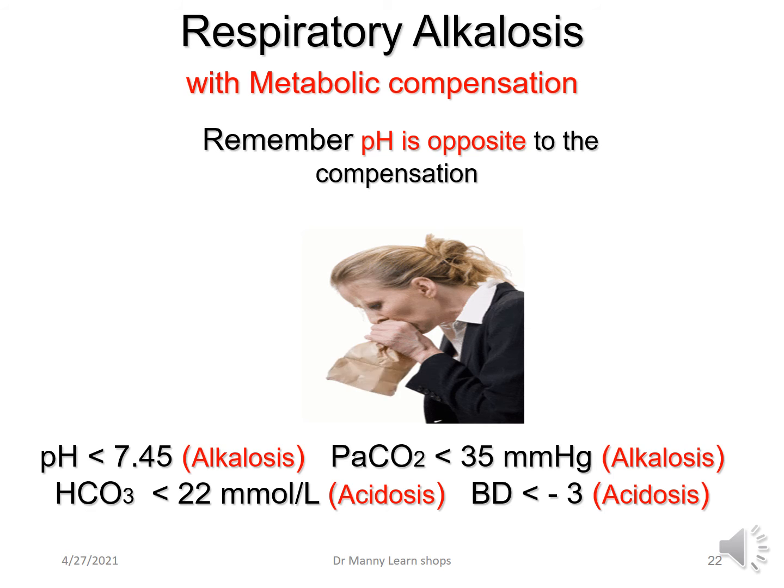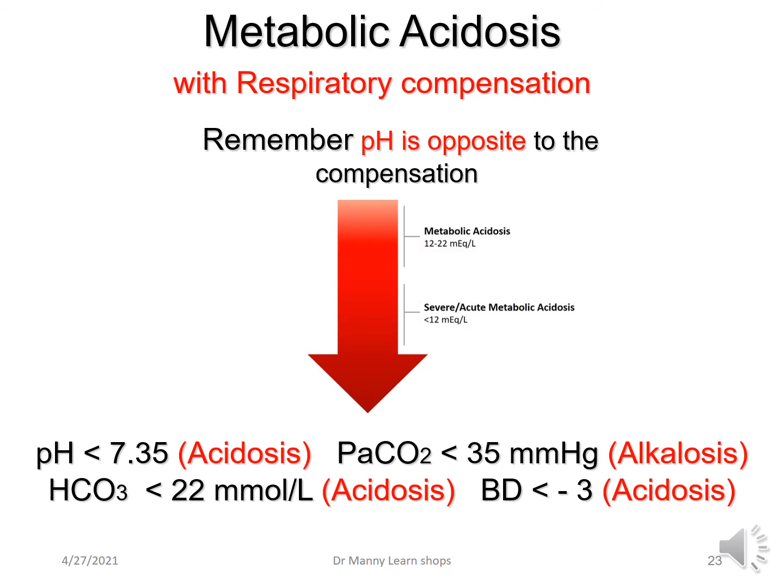A base deficit of less than -3, acidosis. So therefore what you've got here is respiratory alkalosis with metabolic compensation. Typically doesn't often occur, but if it does, that's what it would look like.